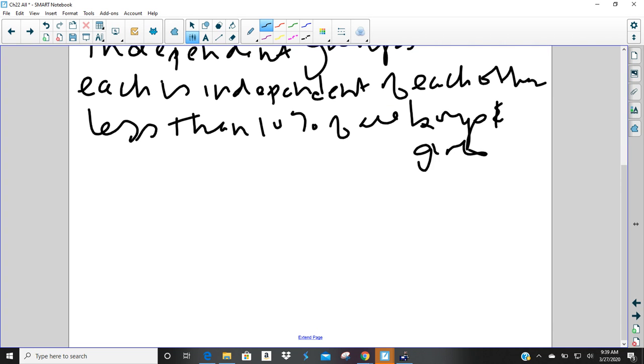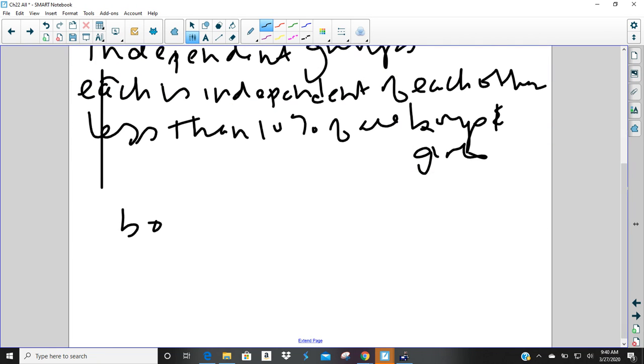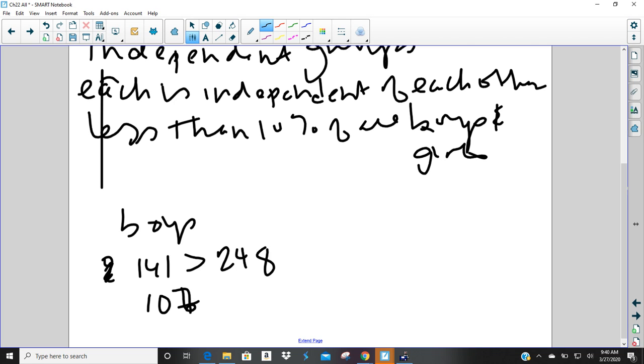And now, let's see here. So we have 57% of 248, so 0.57 times 248. Out of the boys, it's 141, which is greater than 10. Therefore, NQ would be 107, sorry, 107 out of 248.